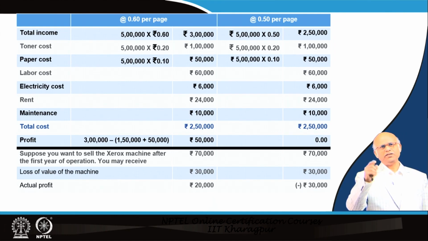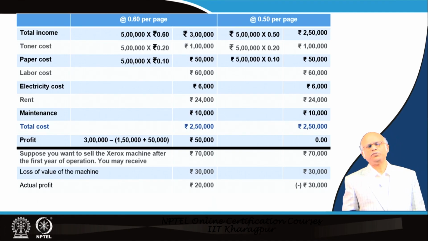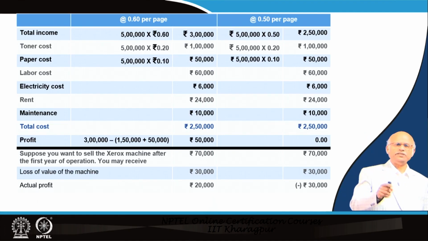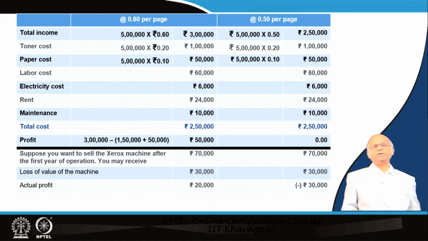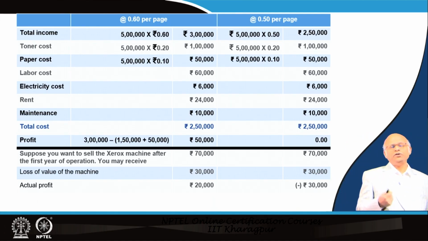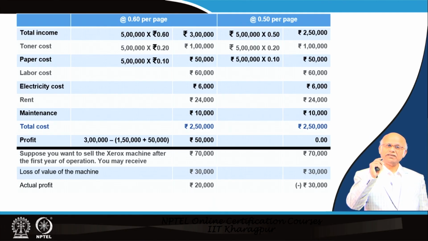But look at this, you actually incur 30,000 rupees loss if you allow depreciation as an expense. That is what depreciation is, and that gives you the formula not to commit this mistake, the mistake of not apportioning the cost of the machine that is being used in the business.